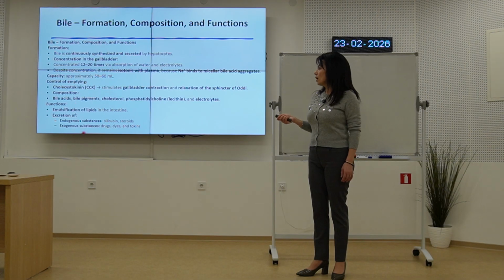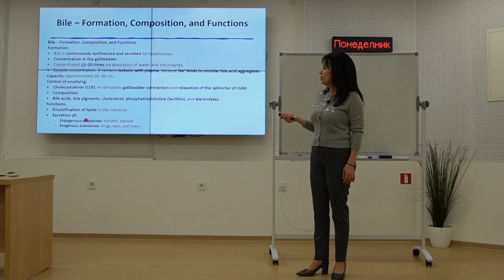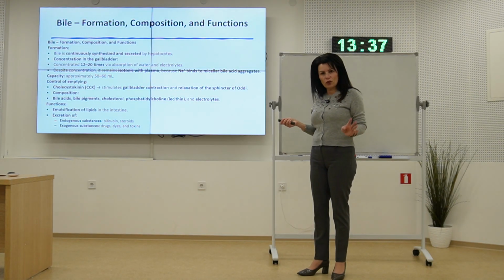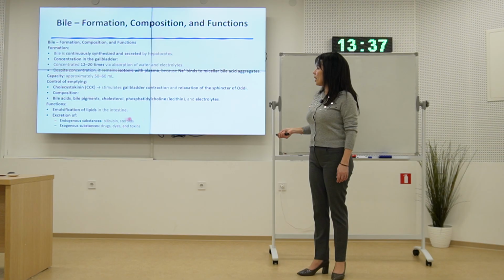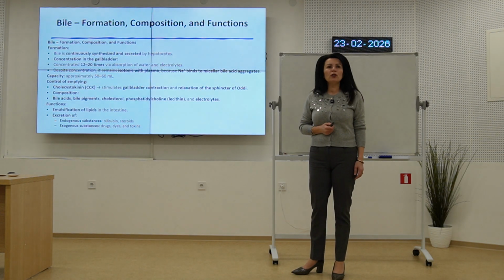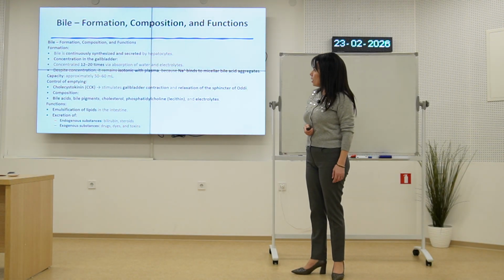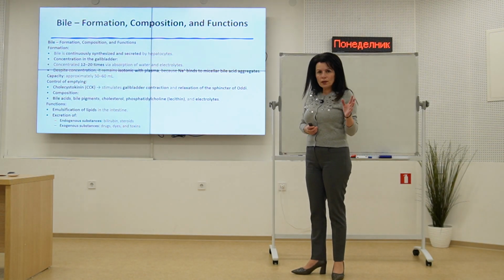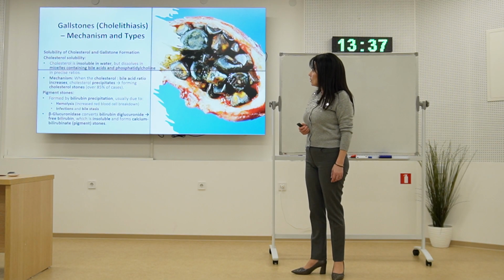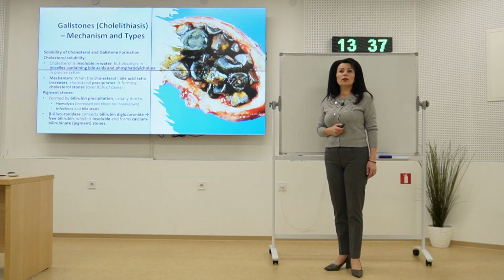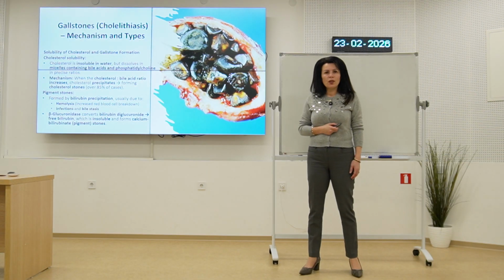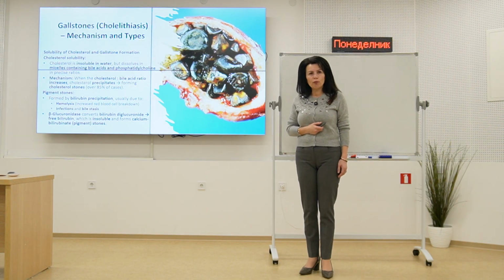One more is the excretion or elimination of bilirubin, steroids, together with cholesterol, also drugs and different toxins. And the capacity is approximately 50-60 milliliters. And we need, as I said, cholecystokinin for the secretion of this gallbladder.